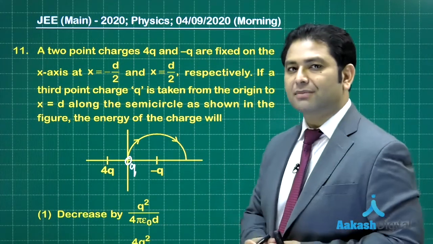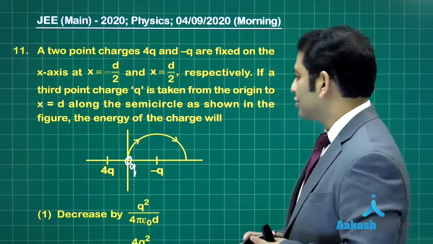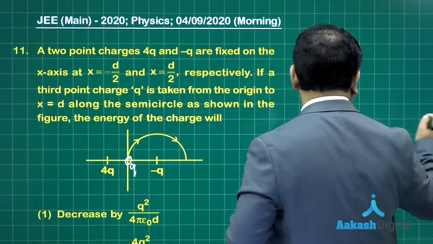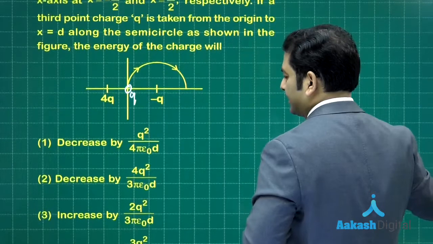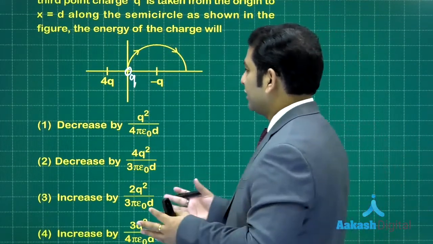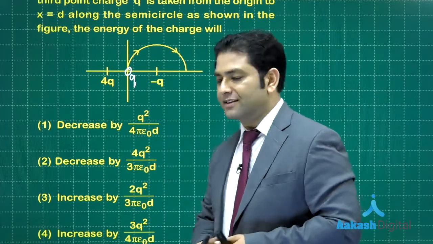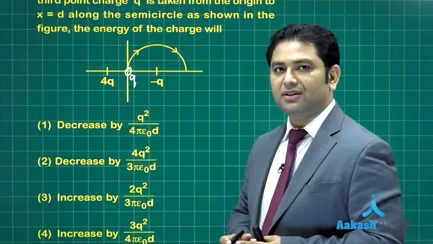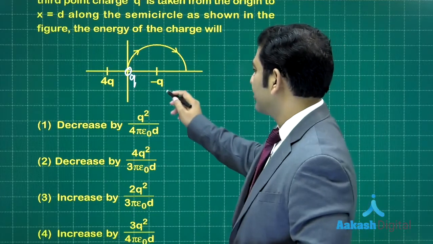The path doesn't matter though. Now we need to comment on the energy of this particular charge, whether it's decreasing or increasing. Whose energy? The energy of this q. No question can be more straightforward than this.